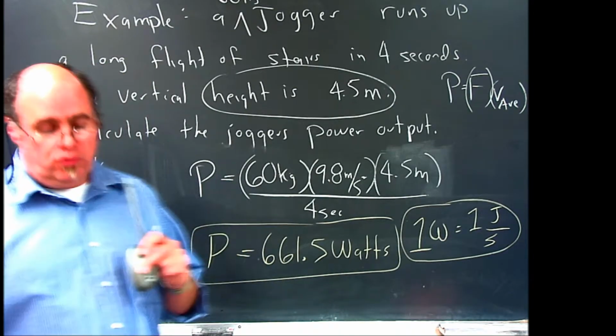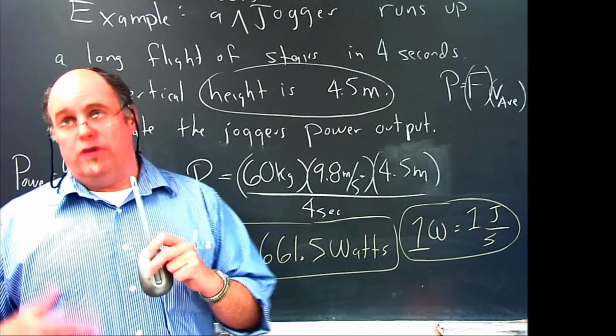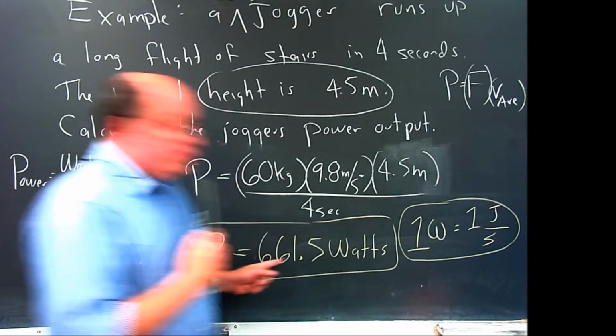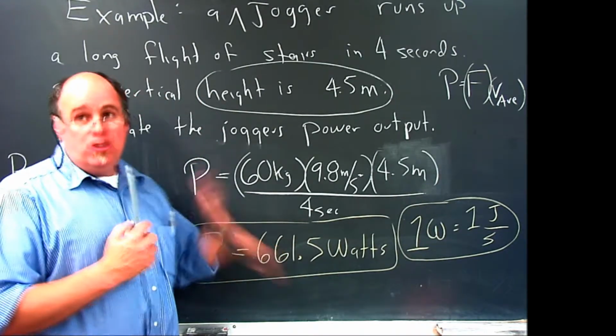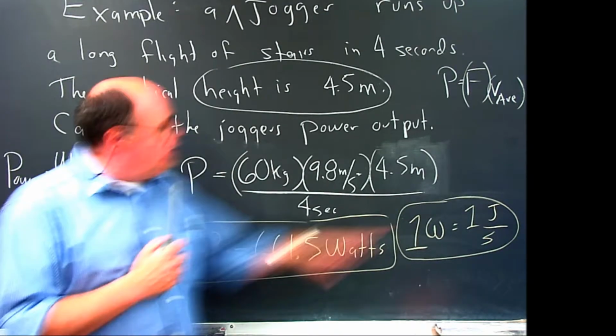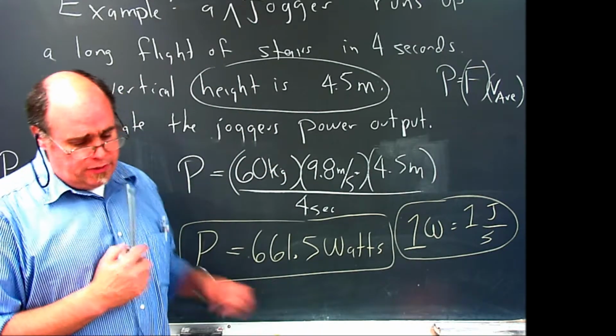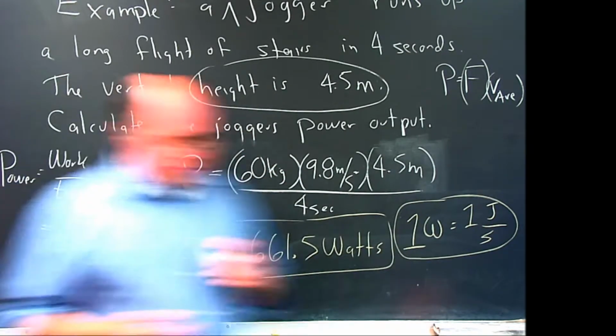So kilojoules is telling us how much stored up energy our body will receive as we're eating that food. Well, this person running up those stairs will be burning off 661.5 joules per second. Okay, so that's the power of that person.